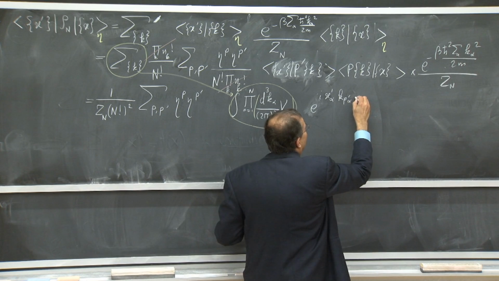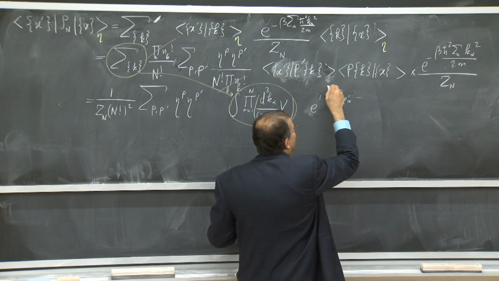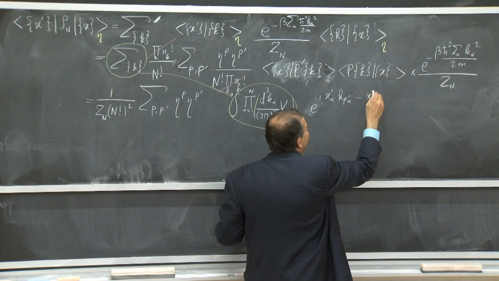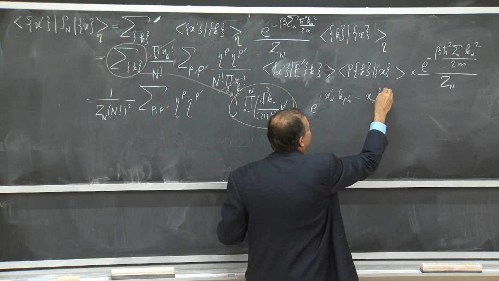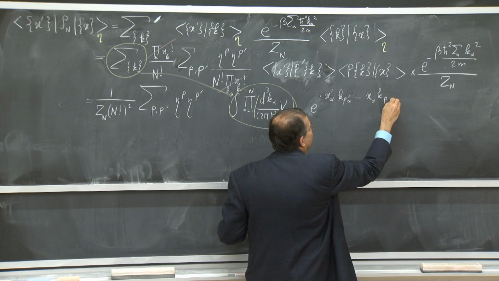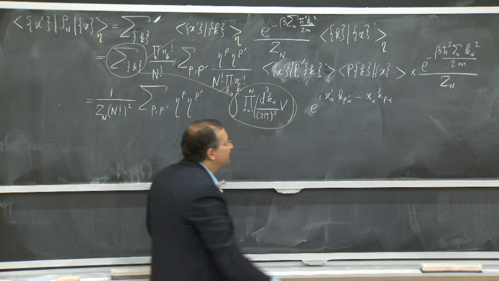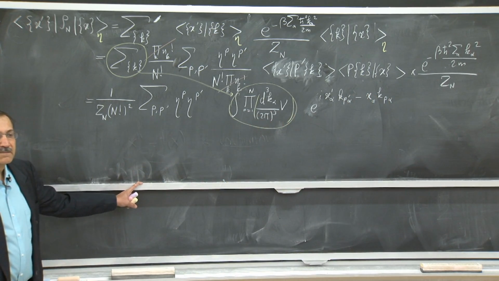From here, I would have minus, because it's the complex conjugate. I have x alpha k p alpha, because I permuted this by k.